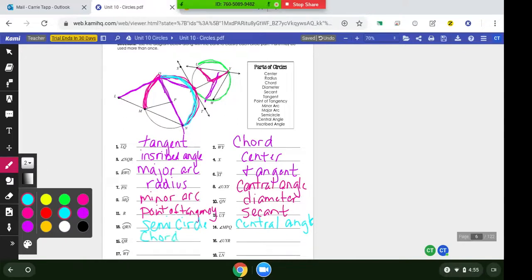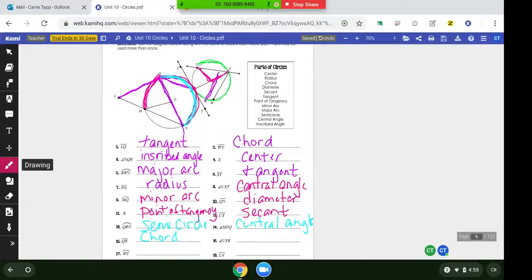Angle UYR, remember that Y goes in the middle there. UYR, so this again is going to be an inscribed angle.